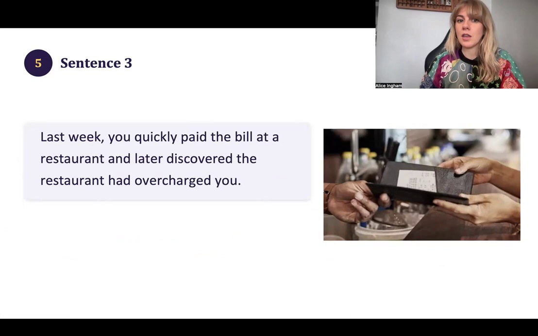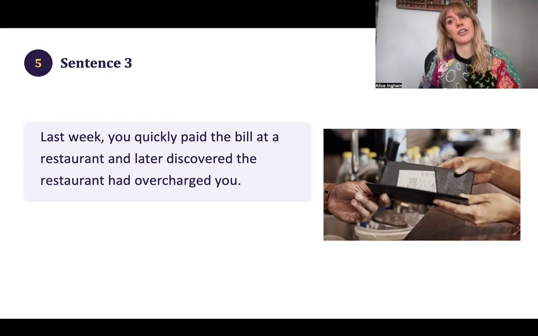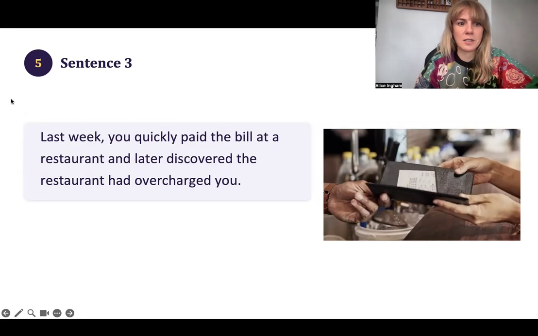Last week, you quickly paid the bill at a restaurant and later discovered the restaurant had overcharged you. So, third conditional. What does this look like?